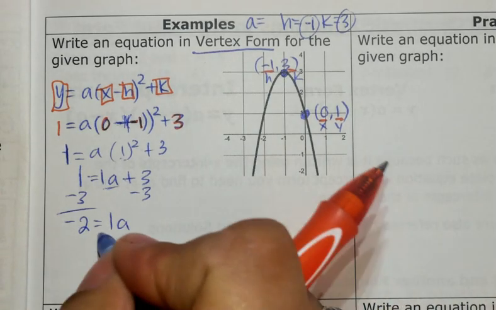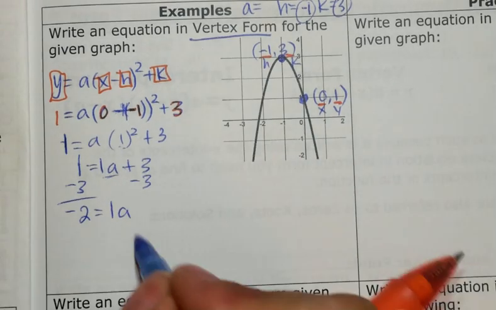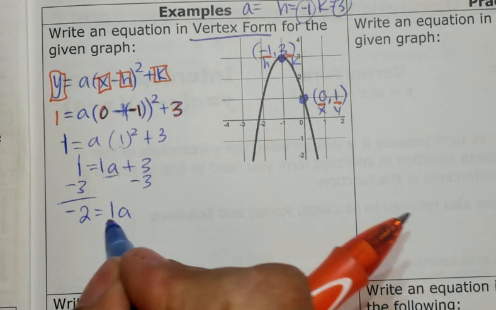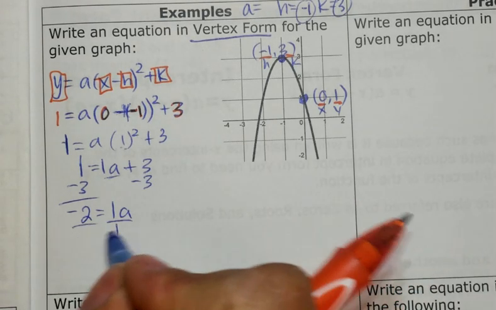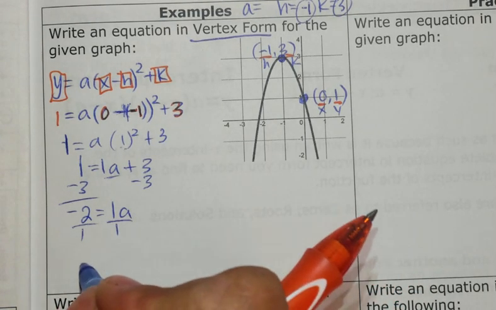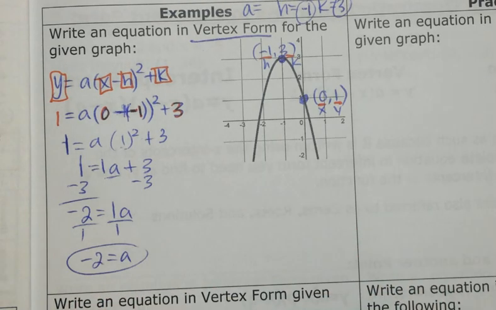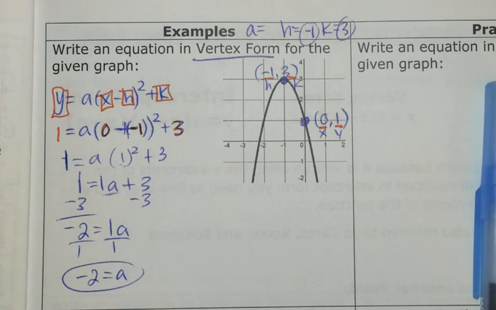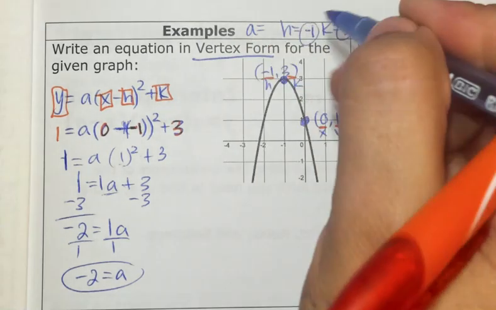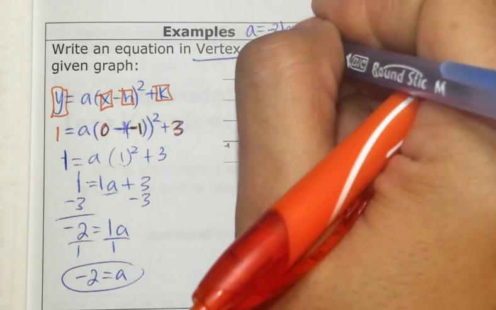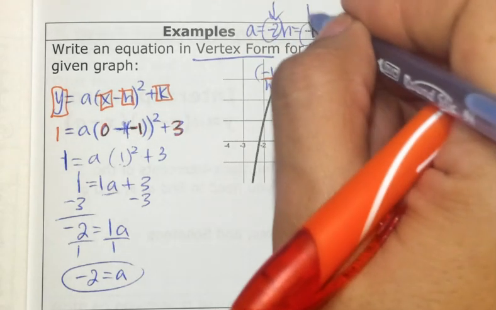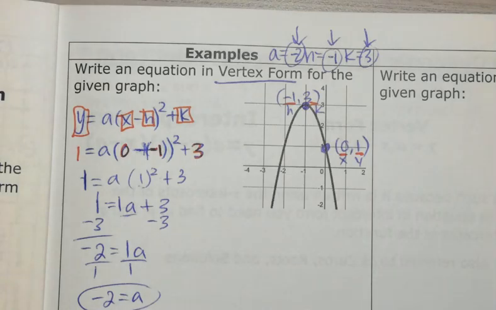If you have a number next to the letter, you just want to divide by the coefficient. So -2 divided by 1 is just -2. And that's your a. So now that we have the a, we have all the values we need to write our equation.